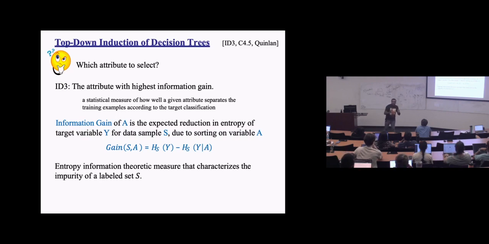Now, tell me what will happen to your uncertainty. Will it go up, remain the same, go down? You had some uncertainty about this. You were uncertain. Now I tell you one piece of information about X. Is this uncertainty going to go up, remain the same, or going to go down? Can it go up?